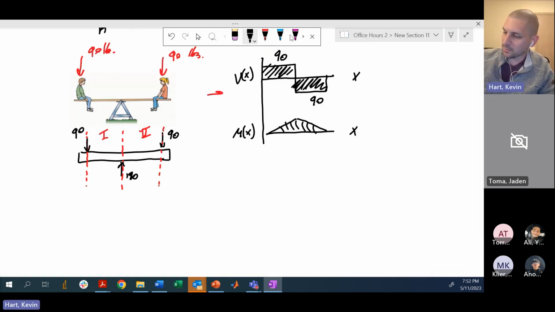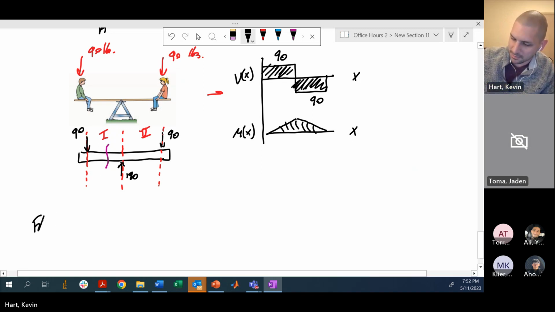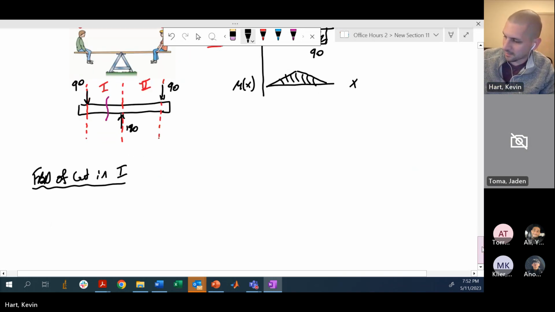I want to investigate what's happening in region 1 of the beam. If I do that, I want to make a free body diagram of a cut at some random location in region 1. With me so far?